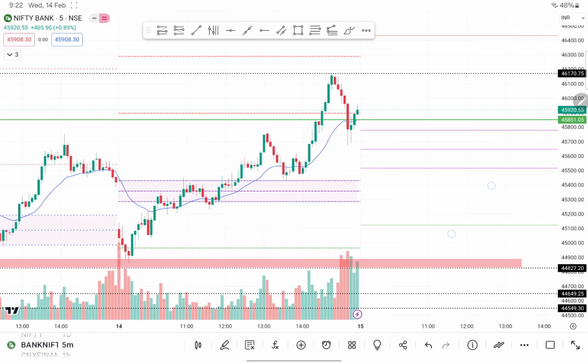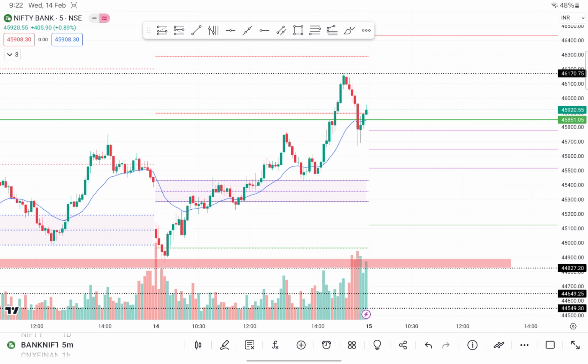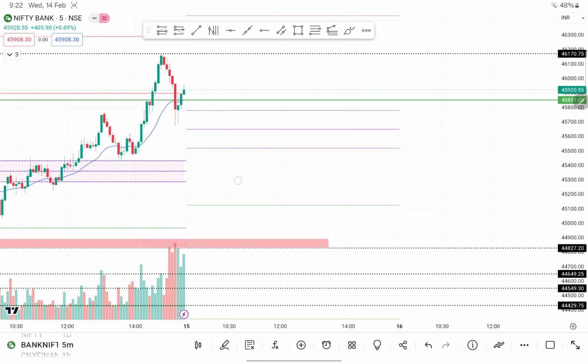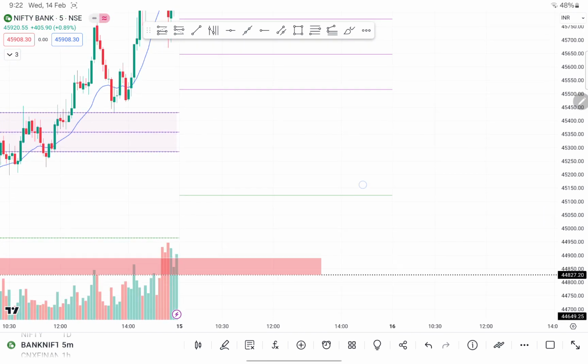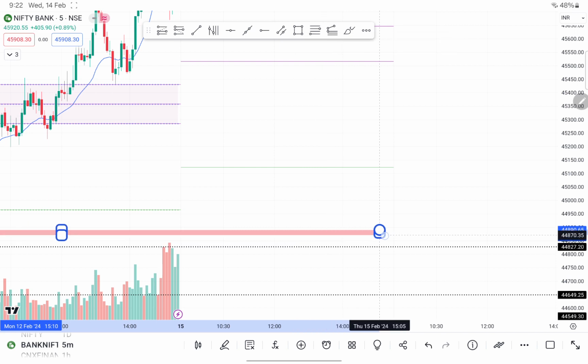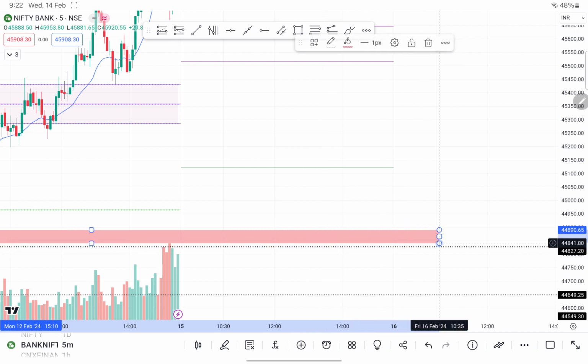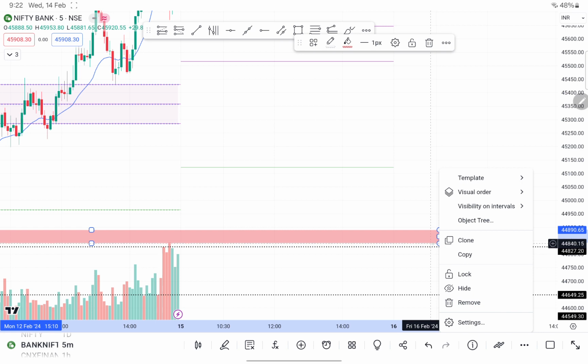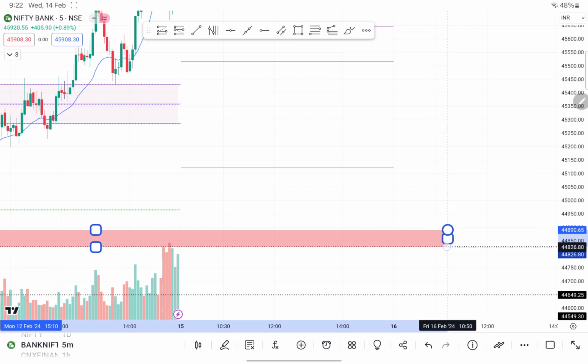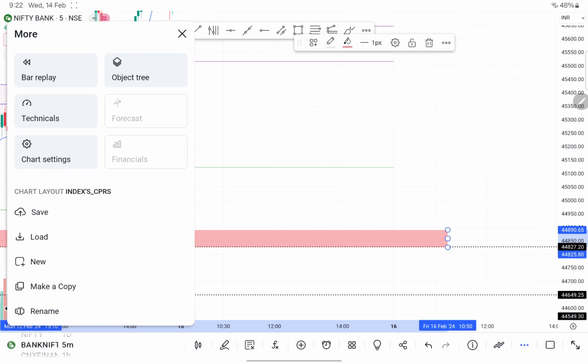I will save this. And I think the supply zone and demand zone remain as they are, the same as yesterday's market. So I will keep them there only, and let's see how the market opens tomorrow and then take the trade accordingly. I will save this chart now.